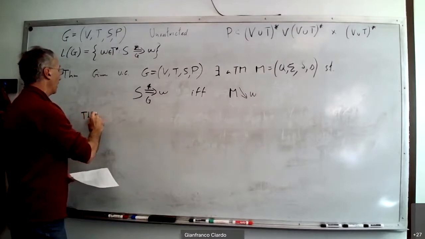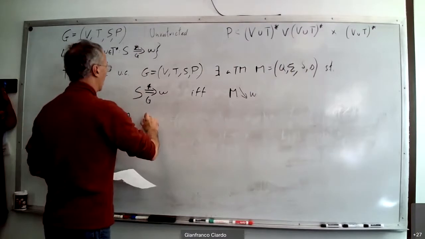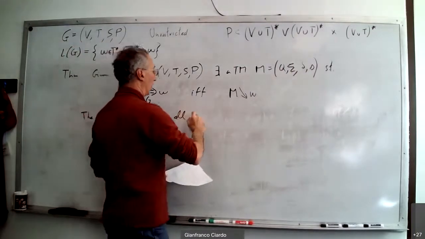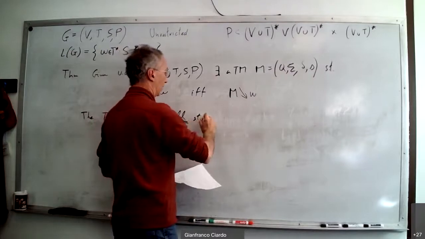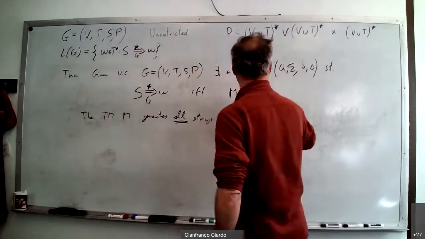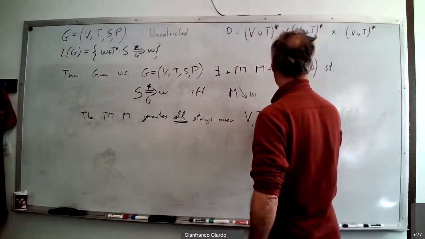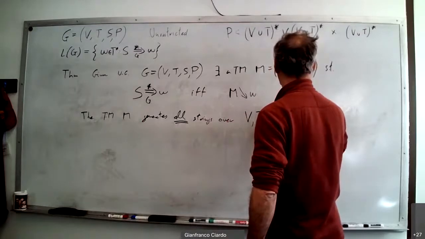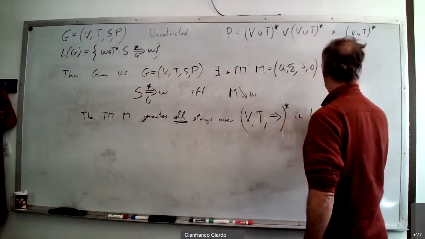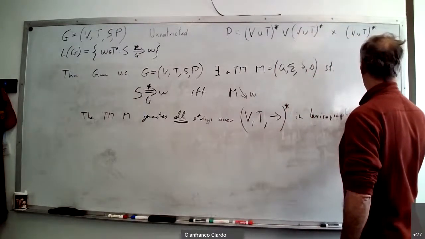we build a Turing machine M that generates all strings over B ∪ T in lexicographic order.